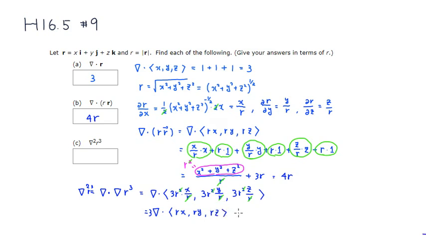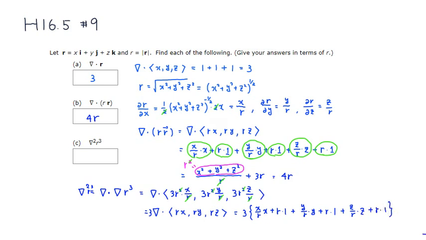So this is going to be 3 times the derivative with respect to x: x over r times x plus r times 1. Very similar to the first one. Then y over r times y plus r times 1, plus z over r times z plus r times 1.